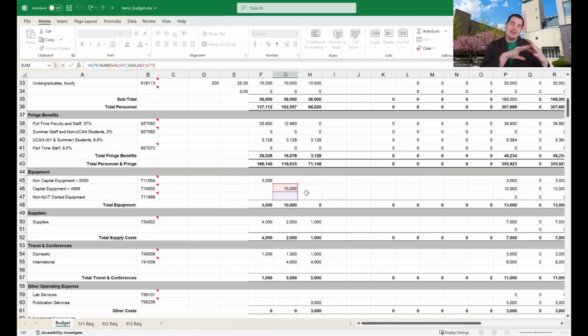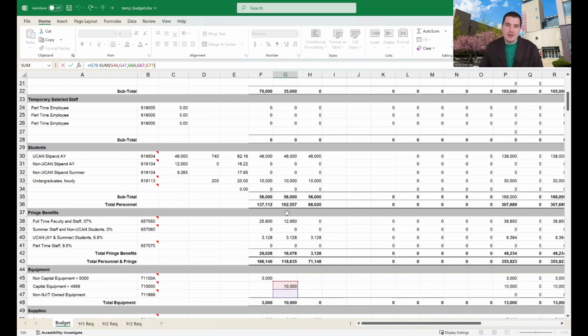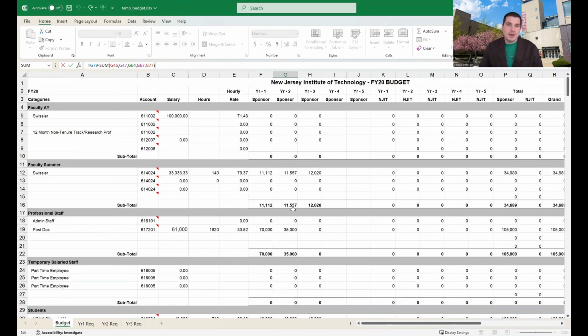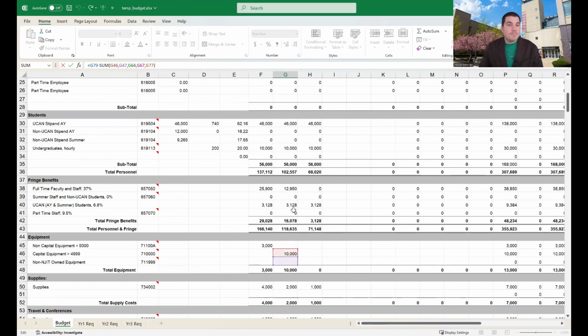This equipment is part of the research project, but the actual value of that equipment does not end at the research project. The value of that equipment goes into the university. Therefore, it is not considered part of these modified total direct costs. And I believe that's the last line item, right?